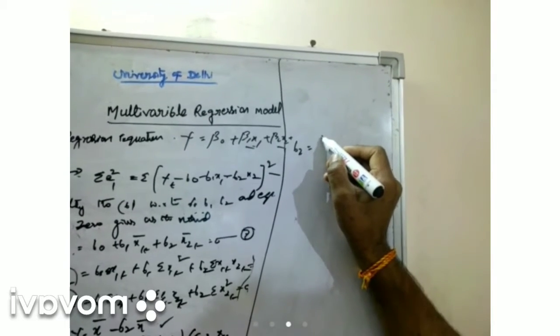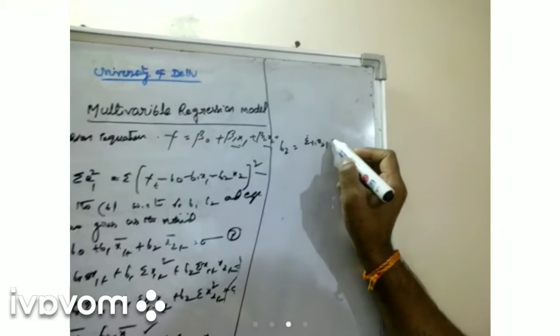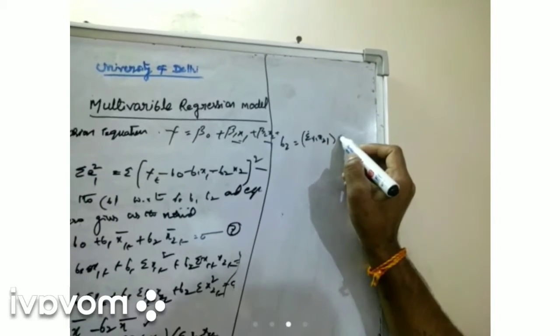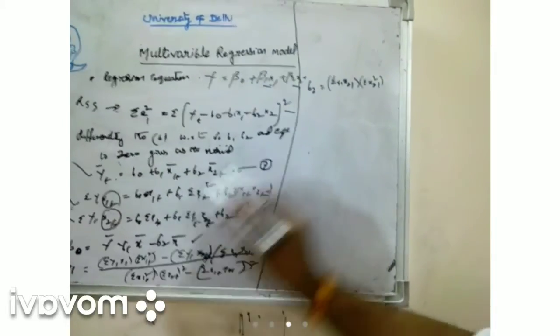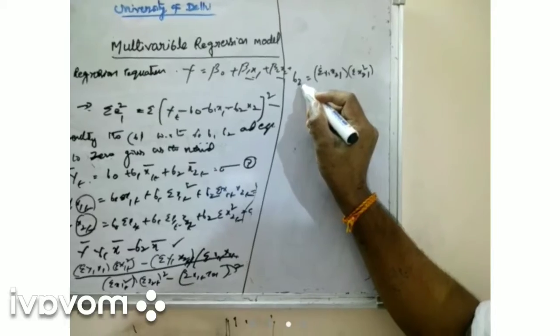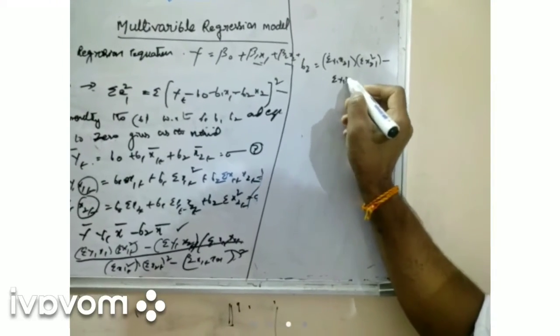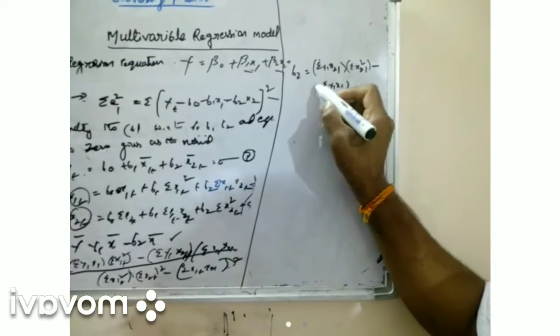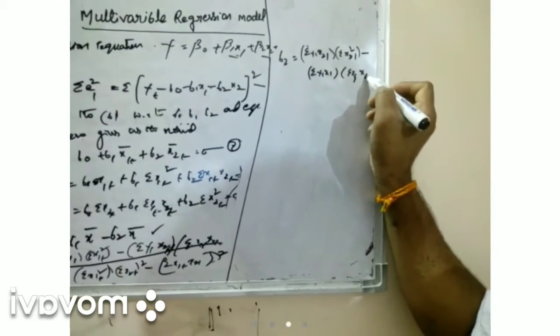So b2 is equal to sigma y1 x2 into sigma x2 whole square, because where x1 whole square was, now it is x2 whole square. We are talking about only the b2 value, minus sigma y1 x1 multiplied by sigma x1 t x2 t.